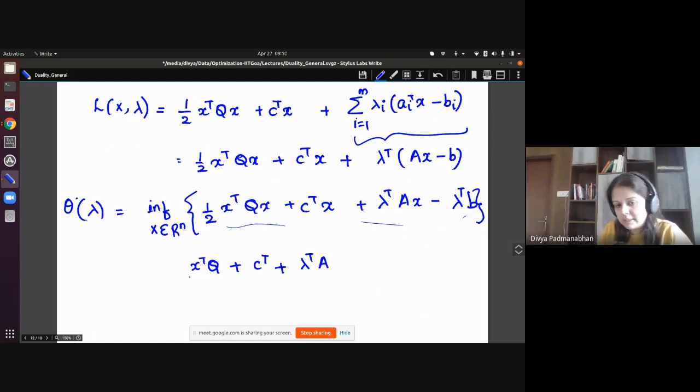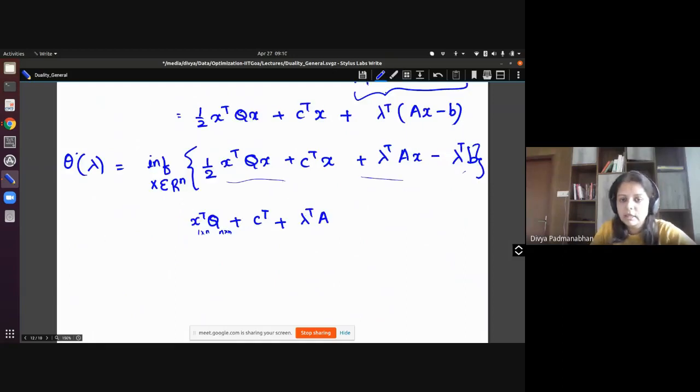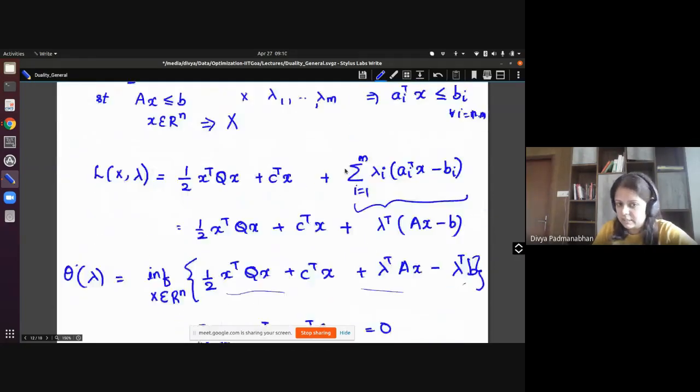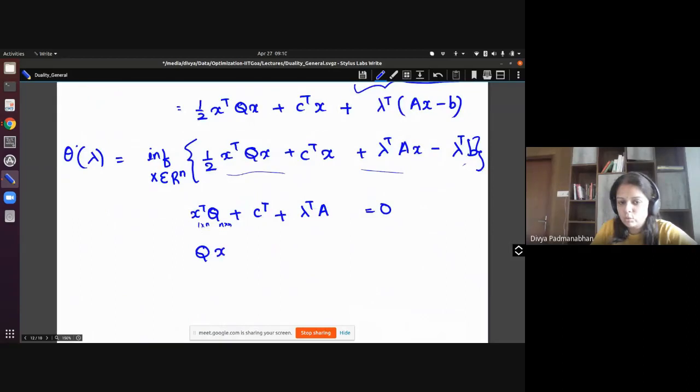If you do it this way, what you're going to get is a row vector, because this is 1 cross n and this is n cross n, so what you'll get is a 1 cross n. So it's a row vector. I'll just write it in terms of column vectors. So this is equal to 0. So what I do is I'll just take the transpose. Q is positive semi-definite and the assumption is it's symmetric. So what I'm going to get is Qx plus C plus A transpose lambda is equal to 0.